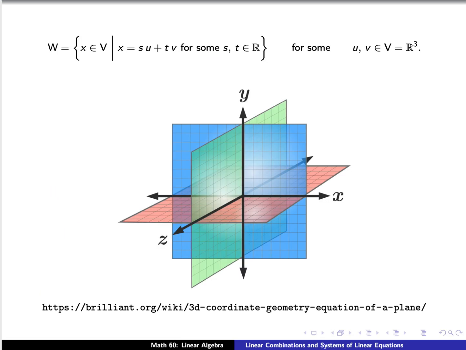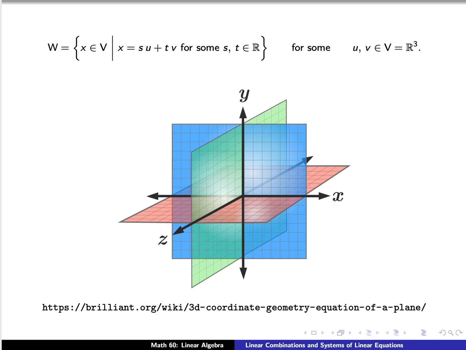So let's think about geometrically, how does this look? Here we want to consider our W, and remember that our capital A is the origin. So our W now simplifies to be in the following form. It's the set of vectors x in 3-space, so x looks like s times u plus t times v, where s and t are real numbers. As we said before, this is nothing more than a plane through the origin. Here you can see 3 different examples of planes through the origin.